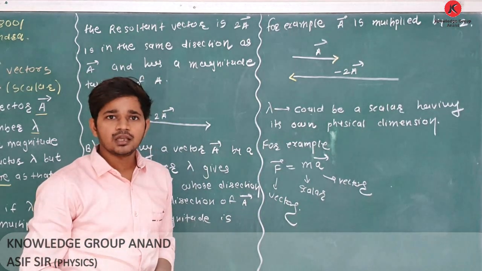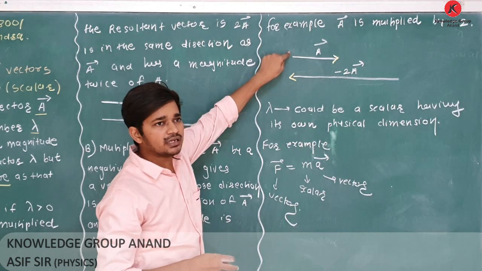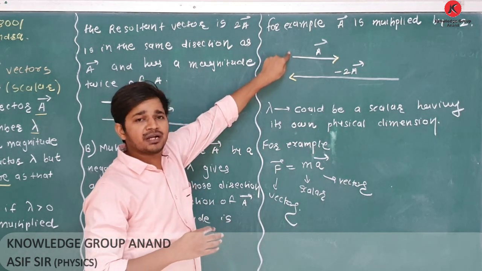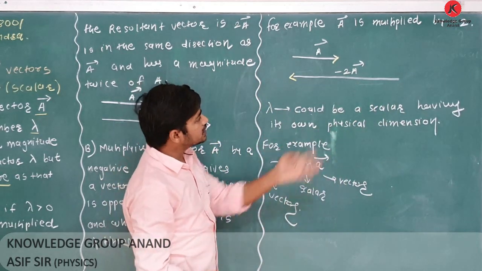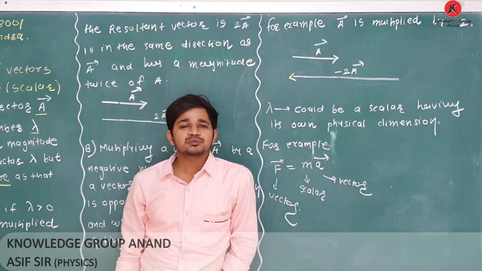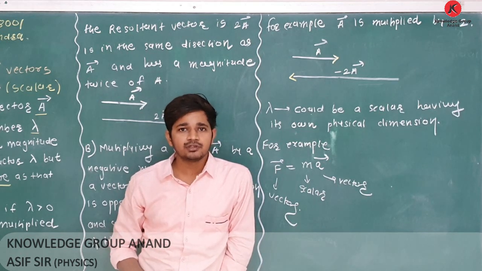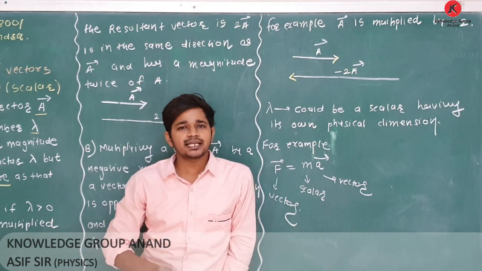Clear about this? So positive number, direction remains same. Negative number, direction becomes opposite. What about magnitude? As it is multiplied by -2, its magnitude will become twice. Clear? It is easy topic, easy to understand.